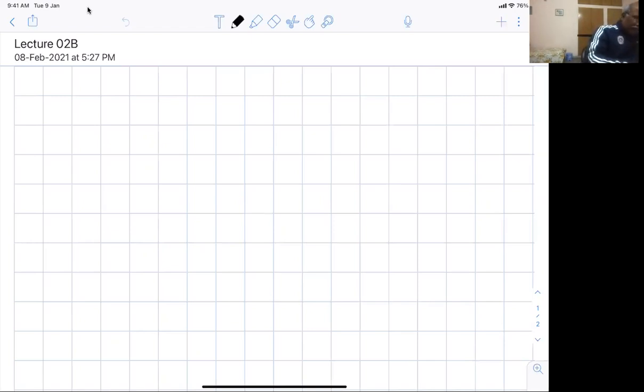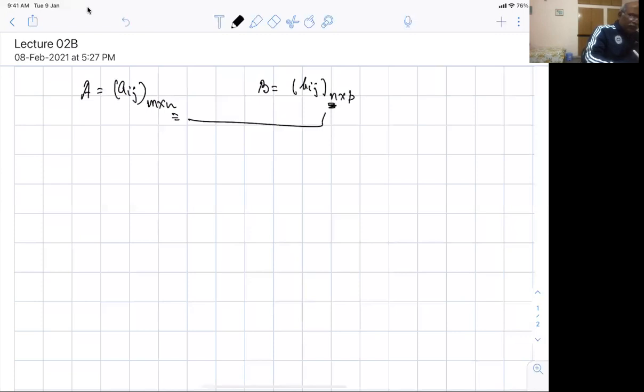So what we know is that if I have matrix A, which is Aij, of size M cross N, and I have matrix B, which is Bij, of size N cross P. So this N and this N match. All right, this is what I would like you to understand.